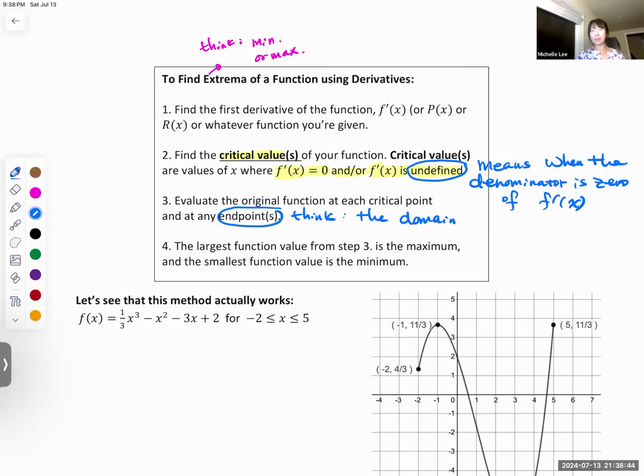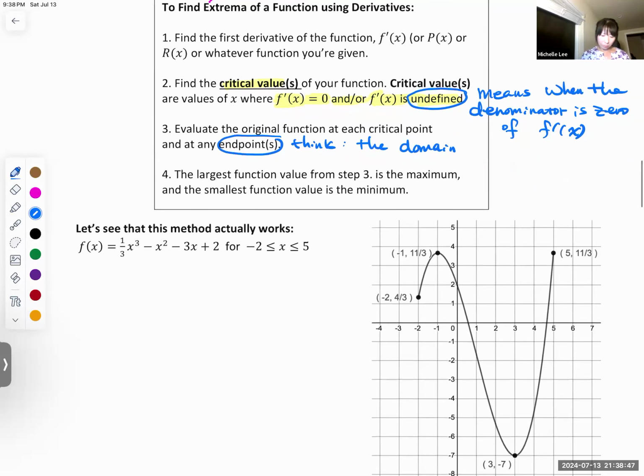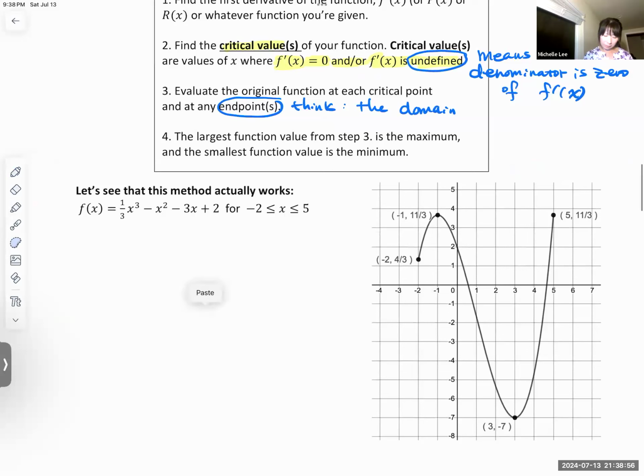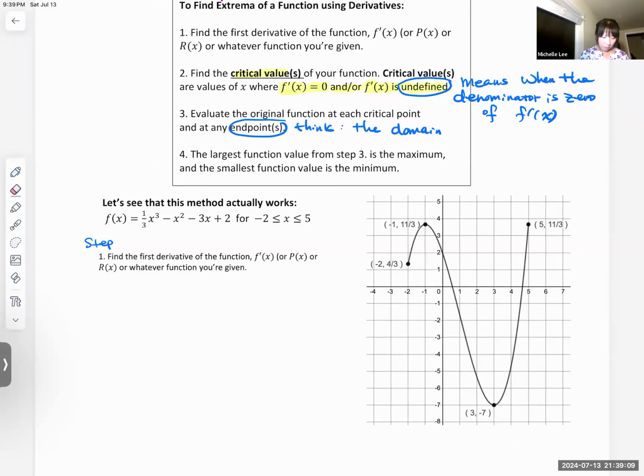Okay, we have a function. First, we want to find the first derivative. Step one. What is step one? So we do derivative.